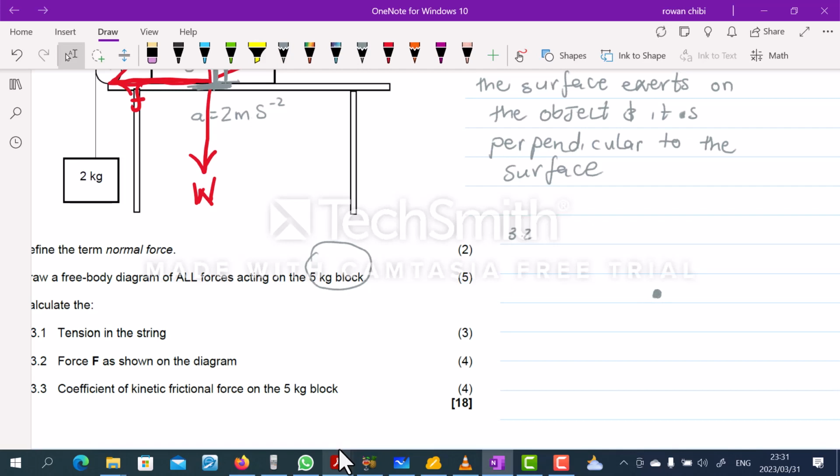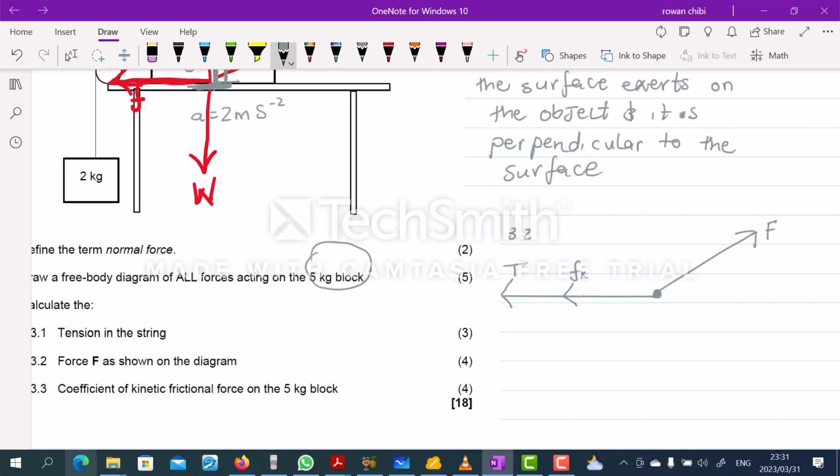Then you have the diagonal force, which is the force F, and then the horizontal force backwards, which represents the tension and the kinetic frictional force.